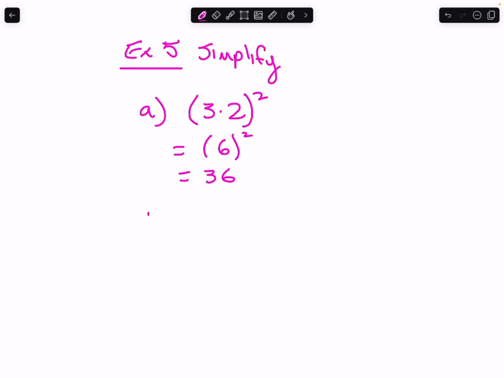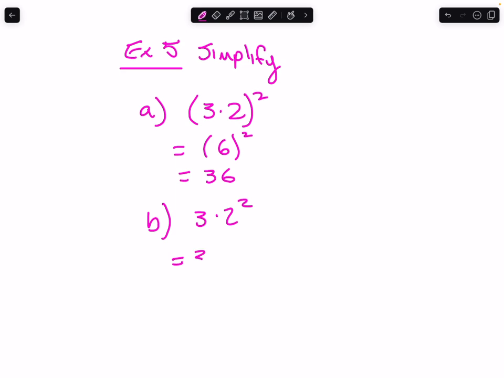Okay, let's do one more. This time we have 3 times 2 squared. Again, this is almost identical except for not having those grouping symbols. So will we get the same answer? Well, the answer is pretty clearly no. So we do exponents before we do any other operation since there are no grouping symbols.